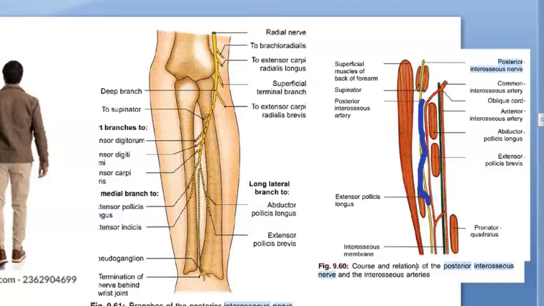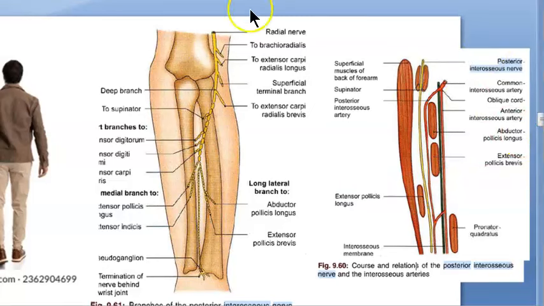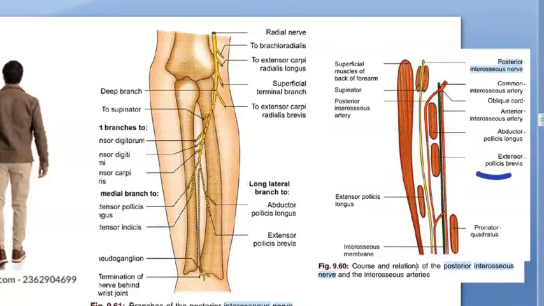At the lower border of the extensor pollicis brevis, it passes deep to the extensor pollicis longus. Here they have shown the extensor pollicis longus. After the extensor pollicis brevis, it goes here, and then here you have the extensor pollicis longus. It passes deep to the extensor pollicis longus.